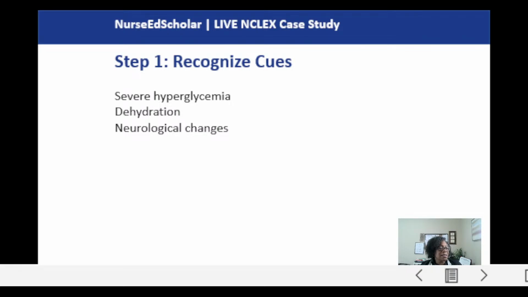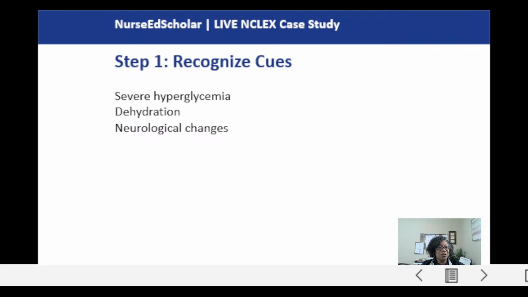But students make the mistake of not seeing that this is a system-wide problem. This is affecting perfusion because he's tachycardic and hypotensive, and it's affecting his brain, so he's got some neurological changes. So let's see how we're going to analyze this.